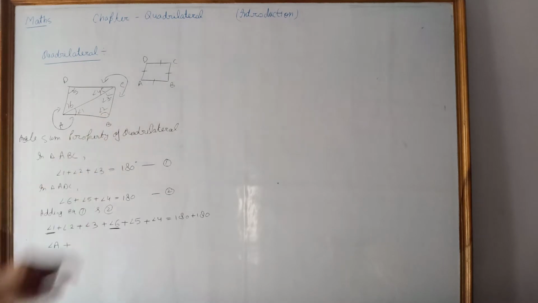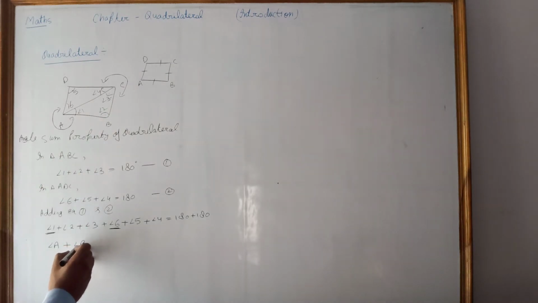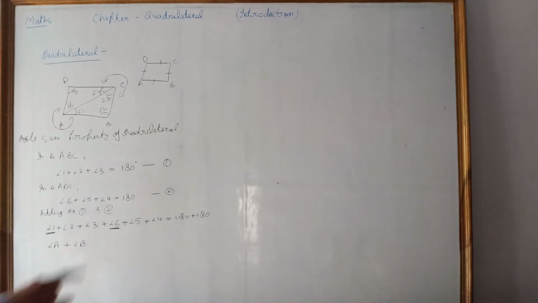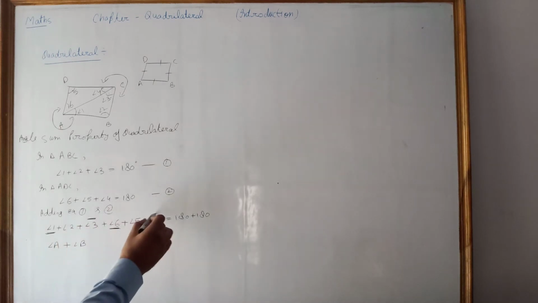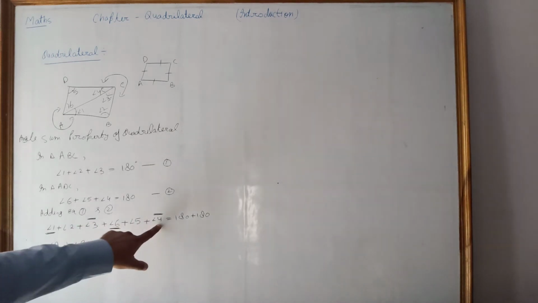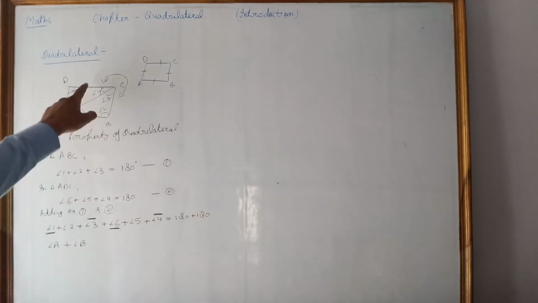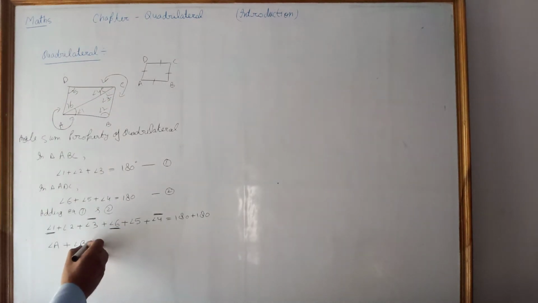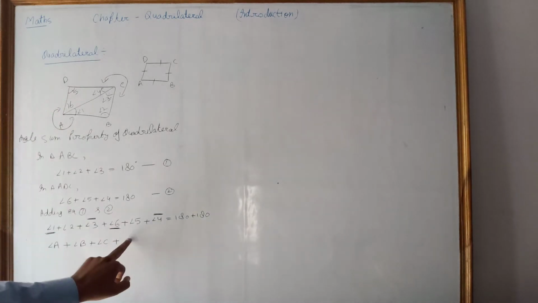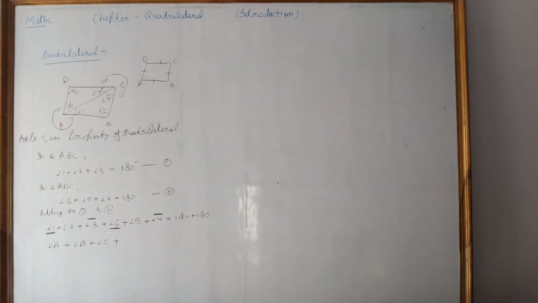That is angle B. In place of angle 3 and angle 4, we can write angle C. Plus angle 5, we can write angle D, is equal to 180 plus 180, which becomes 360 degrees.